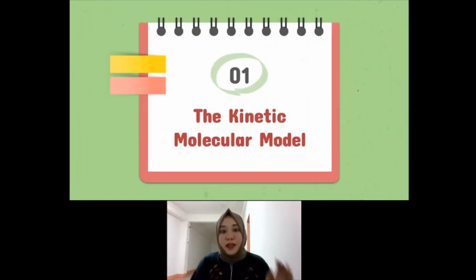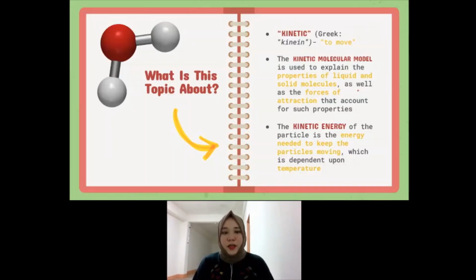So the first part of the lesson, we'll be learning about the kinetic molecular model. So what is the kinetic molecular model all about? It's basically an underlying principle that explains the properties of liquid and solid molecules, actually even gas molecules, but in this lesson we will be focusing on liquids and solids first, as well as the forces of attraction that account for such properties.